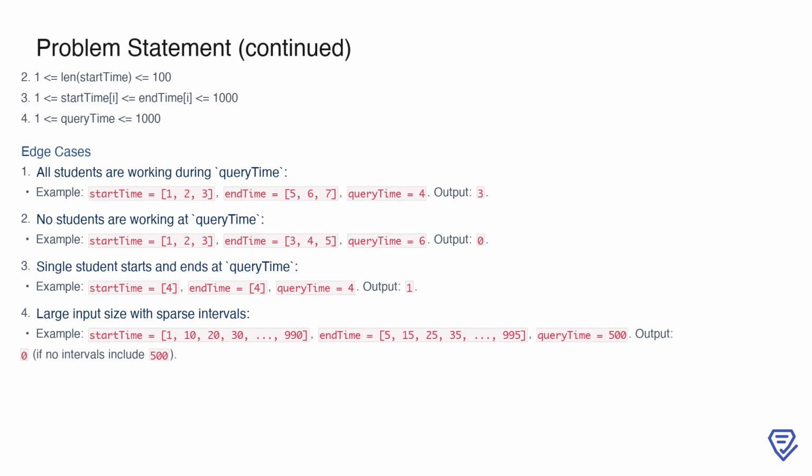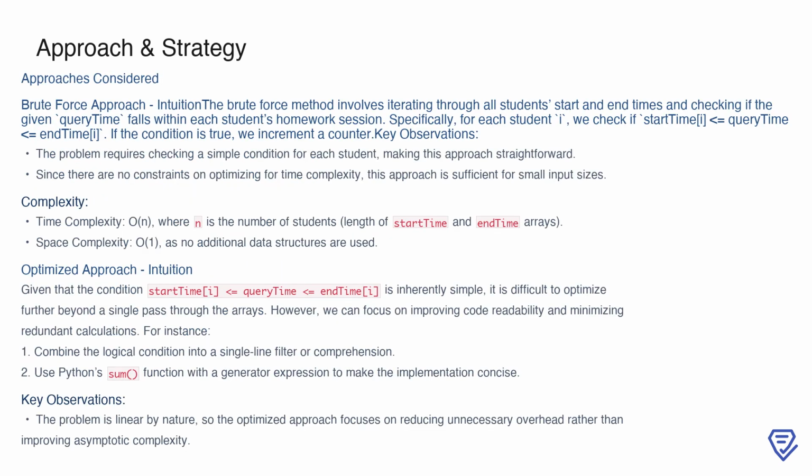To solve this problem, we first considered a brute force approach. The idea here is straightforward: iterate through every student's start and end times, and for each student, check whether the given query time falls within their homework session. This involves verifying if the condition start time[i] <= query time <= end time[i] is true for each student.